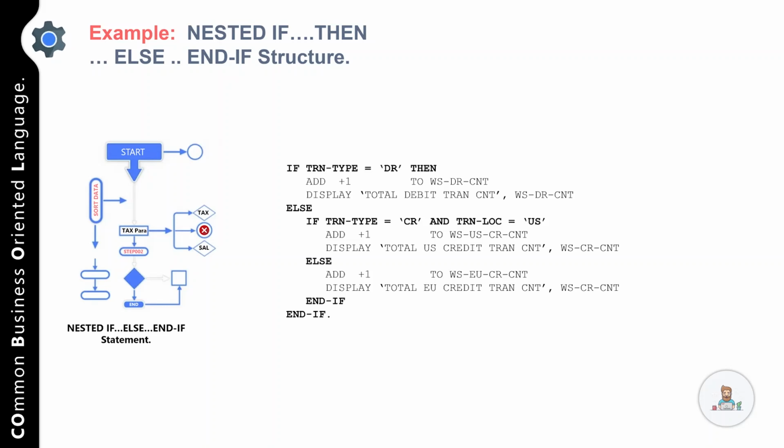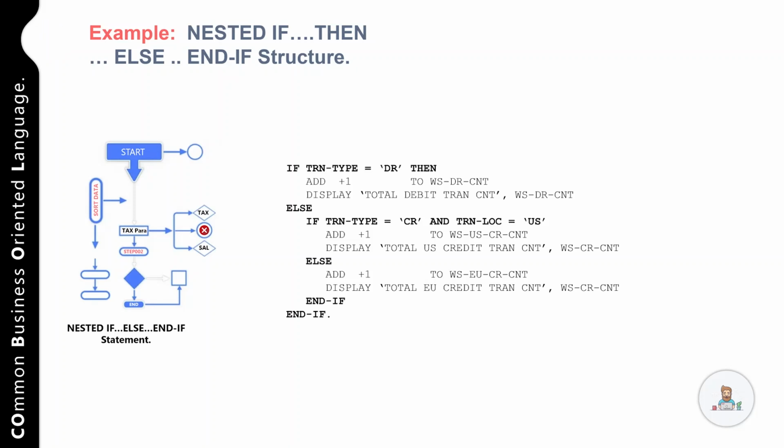In case my transaction type is not debit and let's say it is credit, then the ELSE portion will come into the picture. In that case, I'm checking the transaction type again: in case my transaction type is credit and the transaction location is a specific country, that is US, then I would be incrementing the US transaction count and printing the total US credit transaction count in the spool.